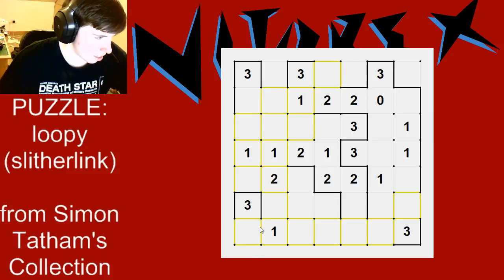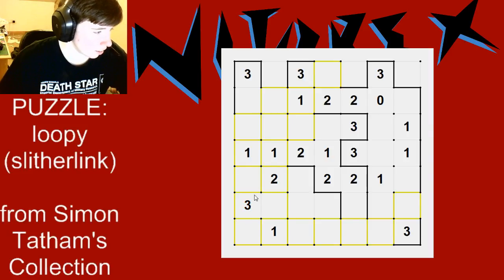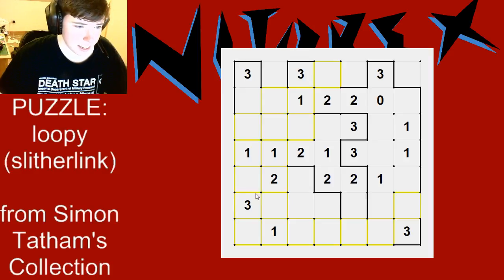For example, this or this. Those are just examples, but it can't be like this because otherwise this 3 has only got 2 slots, right? So, in general, if something is adjacent to a 3, it either has none of these or 1 of these, but never both.